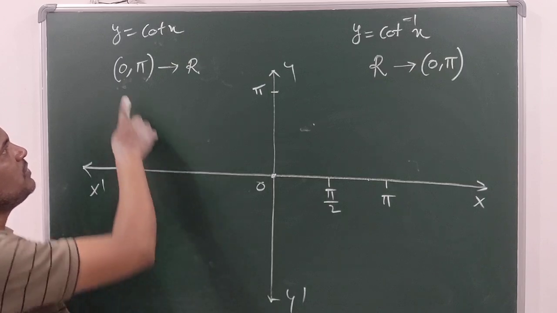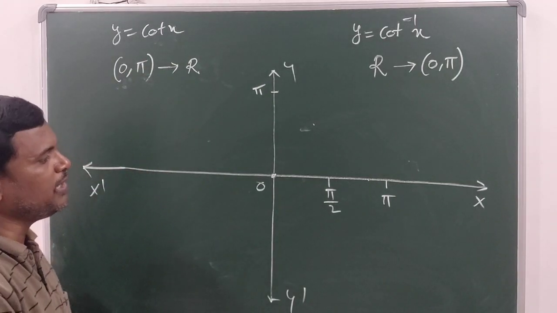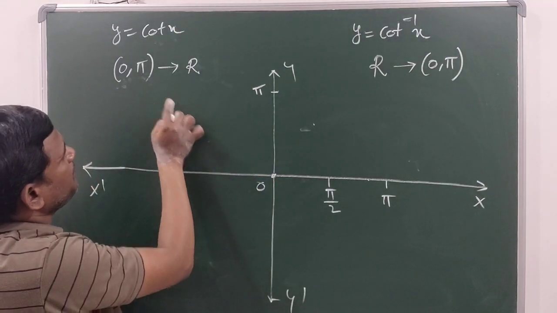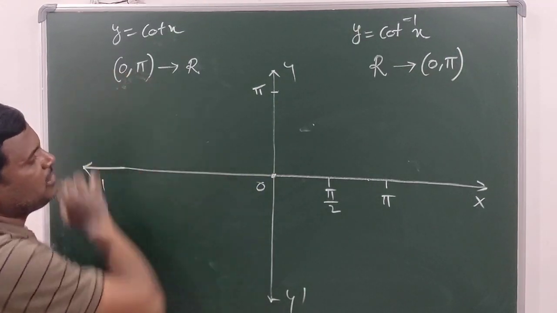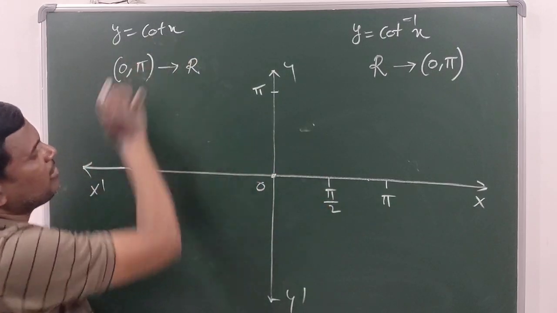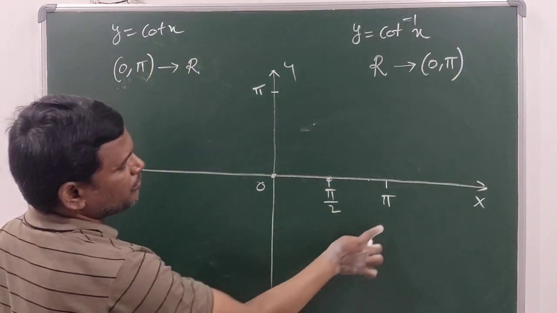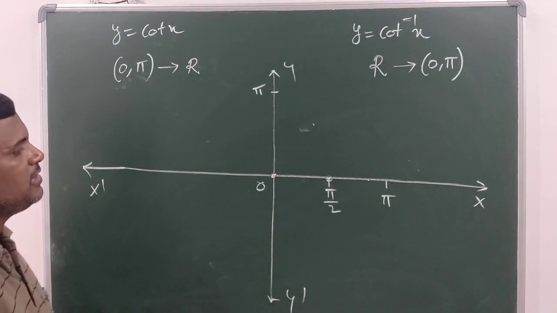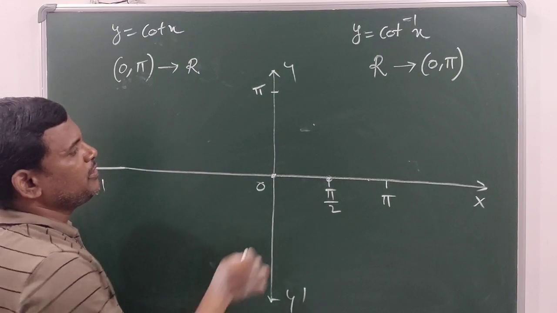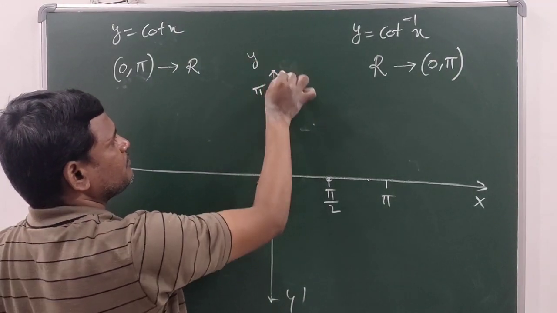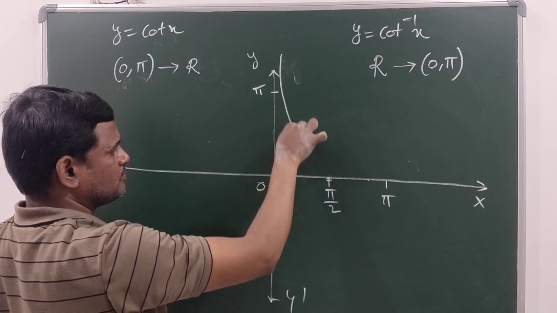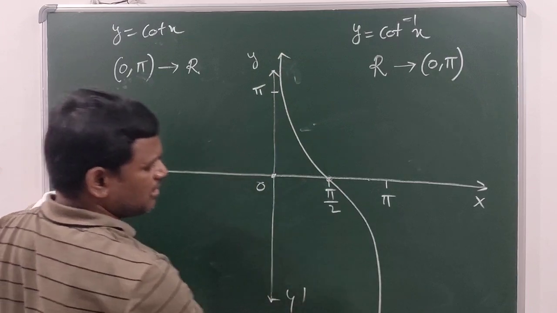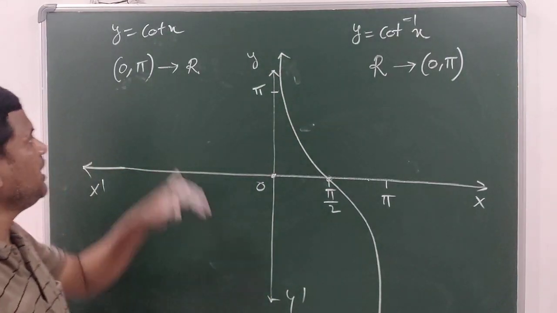Pi means 180 degrees, but 180 is not included. When you write 90, cot 90 is 0. So here it is the open interval 0 to pi, and you get the graph like this. This is the graph of cot x in the interval 0 to pi.